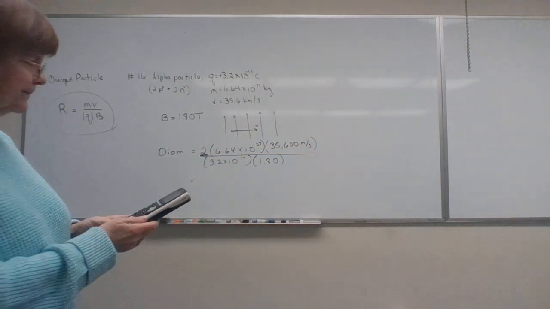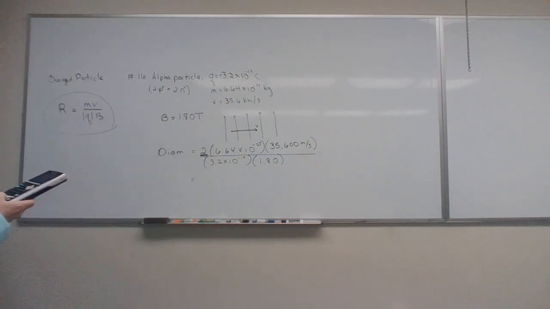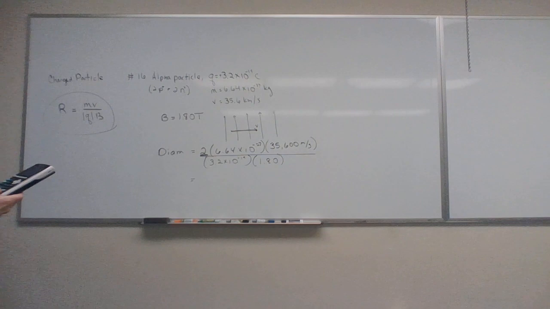So 2 times 6.64 times 10 to the negative 27 times 35,600 divided by 3.2 times 10 to the negative 19, divided by 1.80.